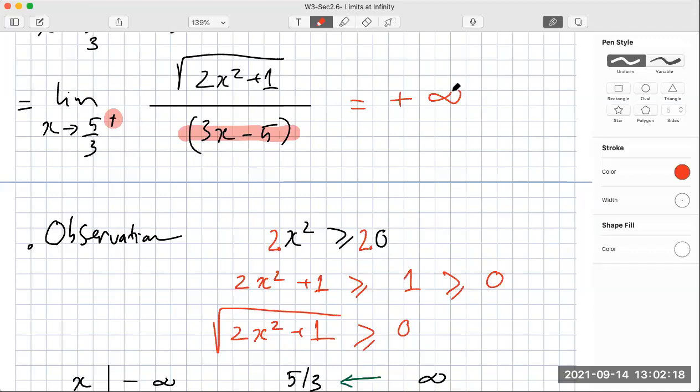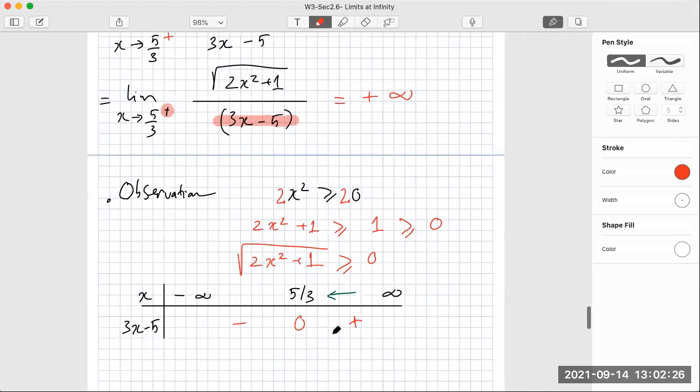Is it clear why it is approaching infinity? We should make sure that we understand this part. Is it okay?